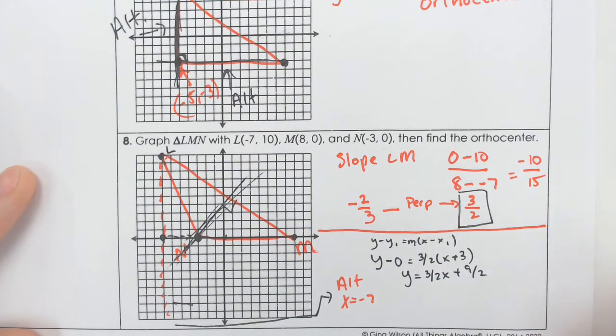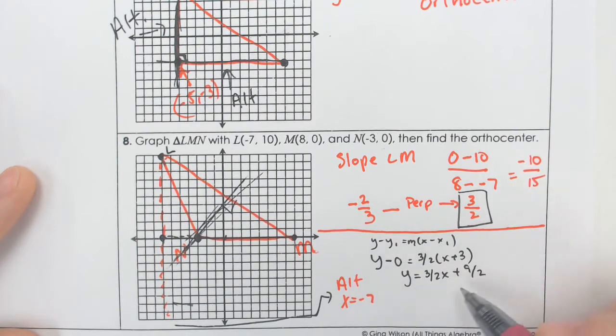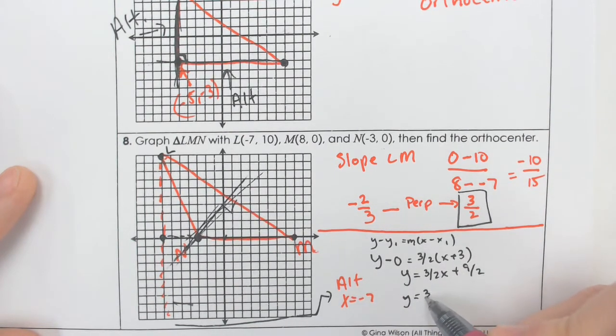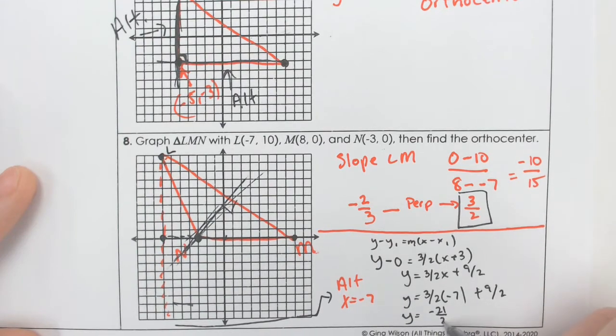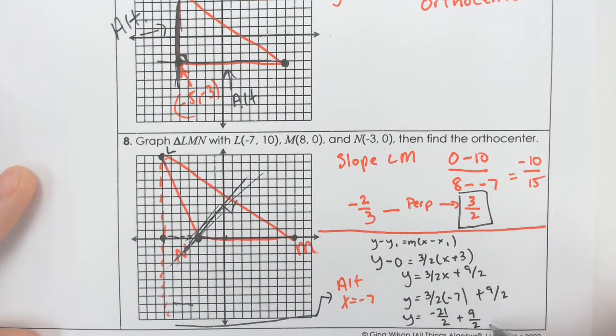Okay? From here, now I can actually figure out the rest of this problem by knowing that these are the two equations, setting them equal to each other. Now this one might for the first time be a decimal, but we'll find out. We're going to plug in negative 7. We're going to get y equals 3 over 2 times negative 7 plus 9 over 2, which would be negative 21 over 2 plus 9 over 2.